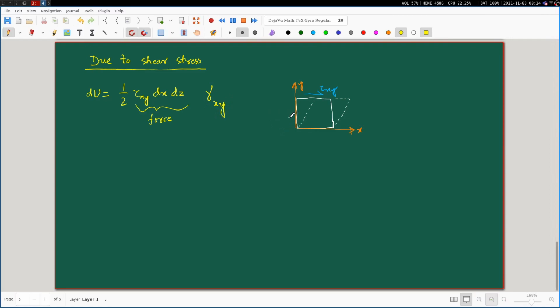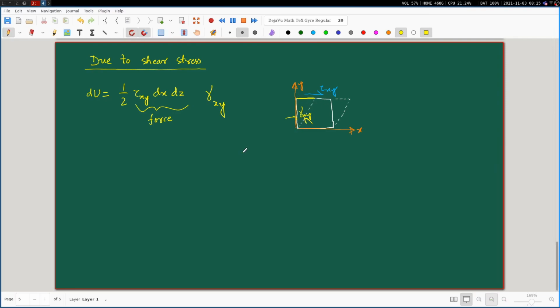That gamma xy, you please note, is this angle. This is gamma xy. So the distance over which the force associated with this tau xy is doing the work, that is this particular distance, from here to here, which is where the displacement is occurring.